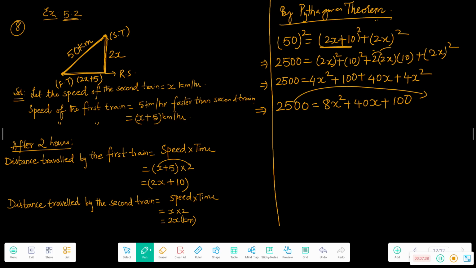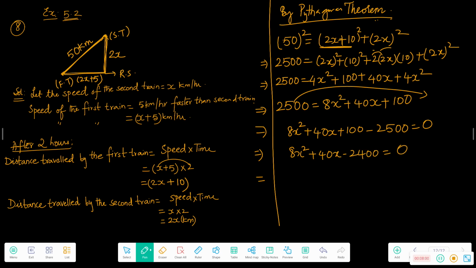Taking the 2500 to the right side, we get 8x square plus 40x plus 100 minus 2500 is equal to 0. So 8x square plus 40x minus 2400 is equal to 0.